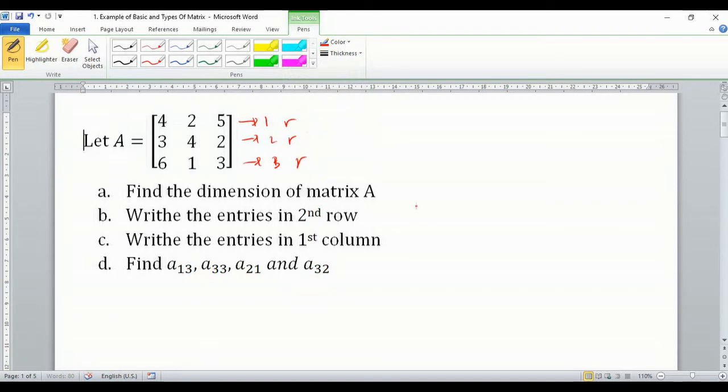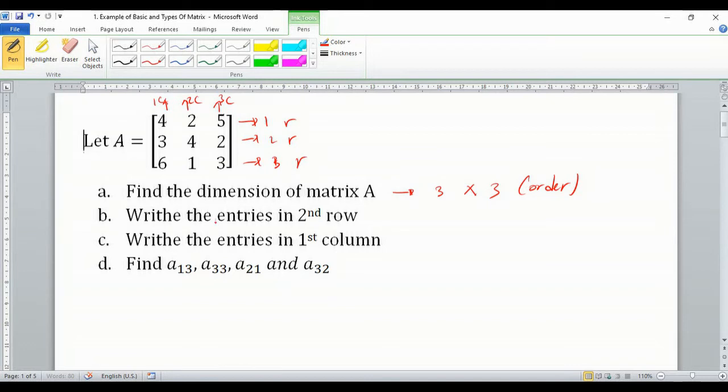So we can say 3, by how many columns do they have? This is 1 column, 2 columns, and then the 3rd column. So this one is 3 by 3. So we have 3 by 3 dimension or order. Okay, everyone? I hope you understand.